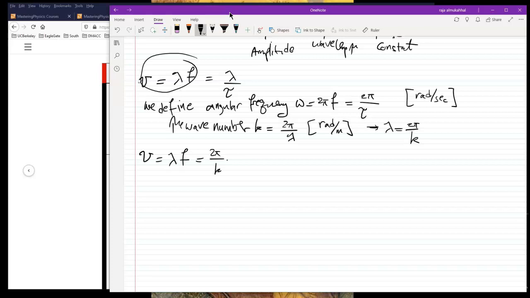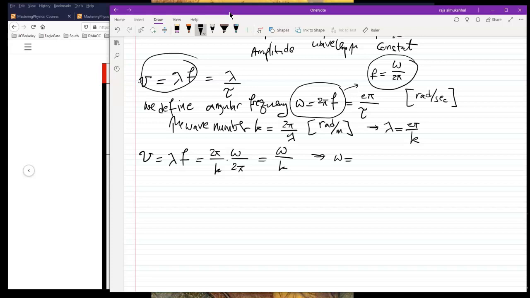Well, what is f? f is equal to omega over 2 pi, right? So I can put it here. The 2 pi's cancel out, right? So I end up with omega over k. Another way of saying it is that omega is equal to vk.